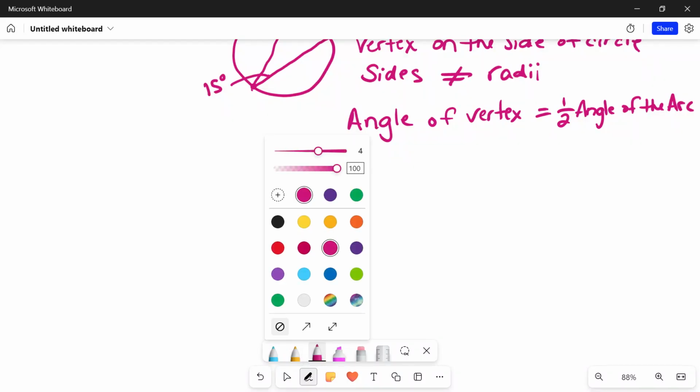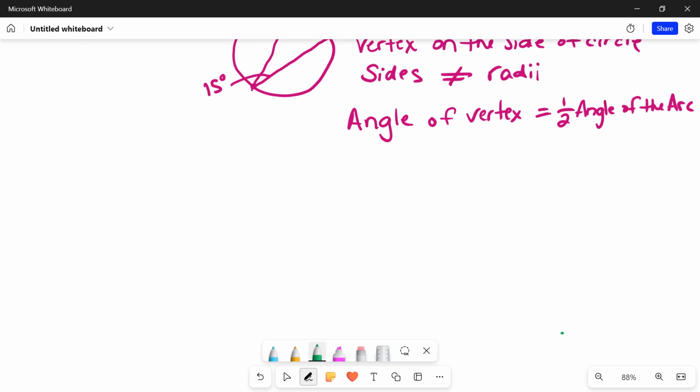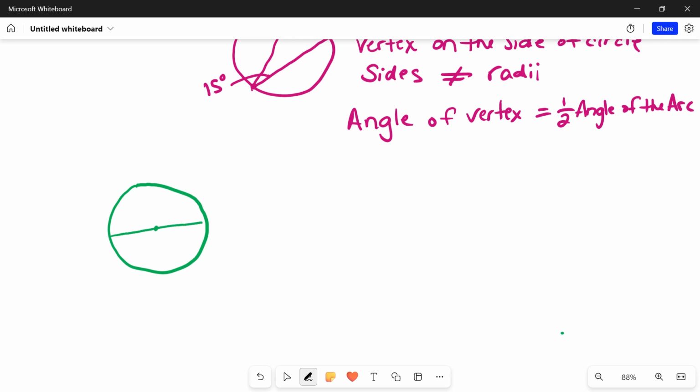Let's look also at another idea real quick, though. If I've got a circle, and here's the center of the circle, and say I've got this line going right through my center, I have another line going here, and then I have this line going right there.